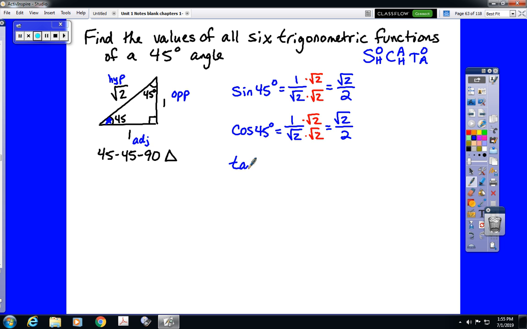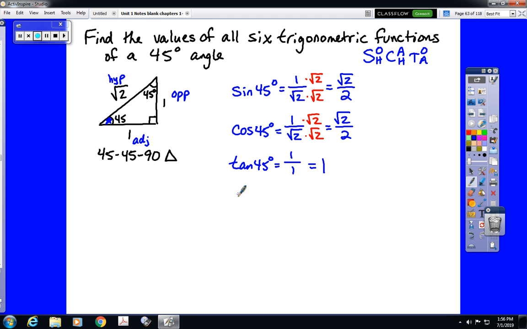Finally, for the tangent of 45 degrees, that would be opposite over adjacent, TOA, which would be 1 over 1, or 1. So using SOHCAHTOA, we should be able to quickly come up with sine, cosine, and tangent of 45 degrees.